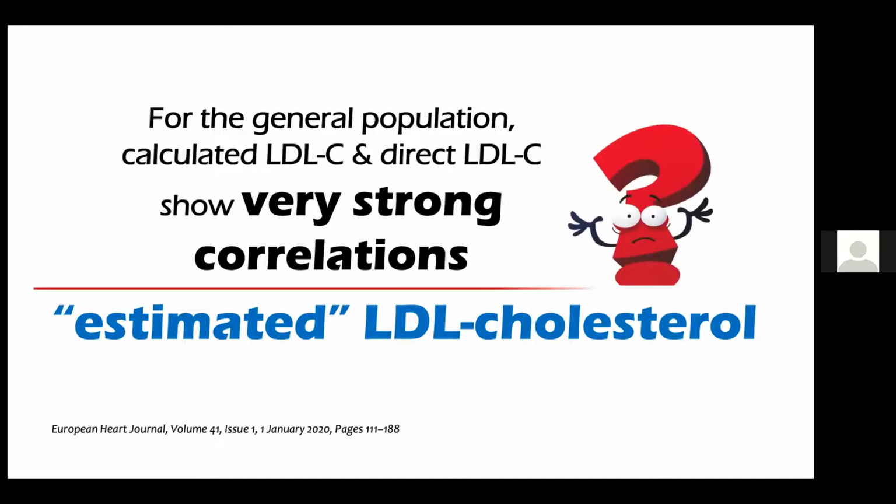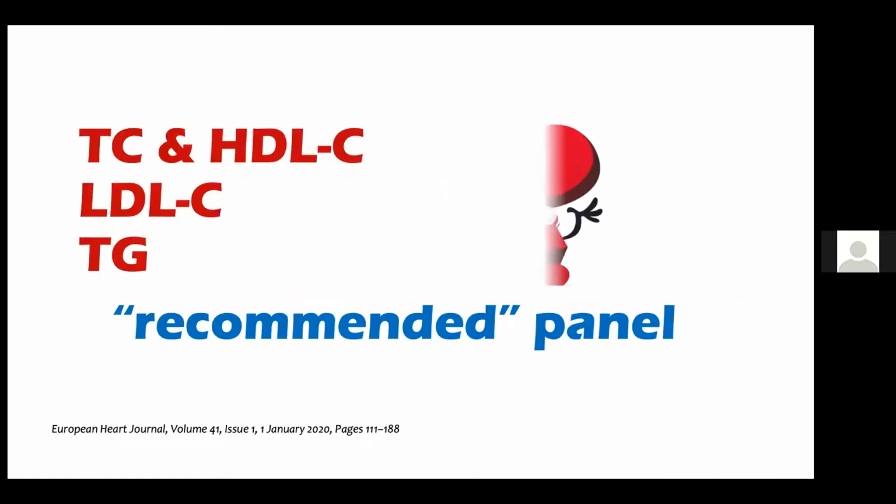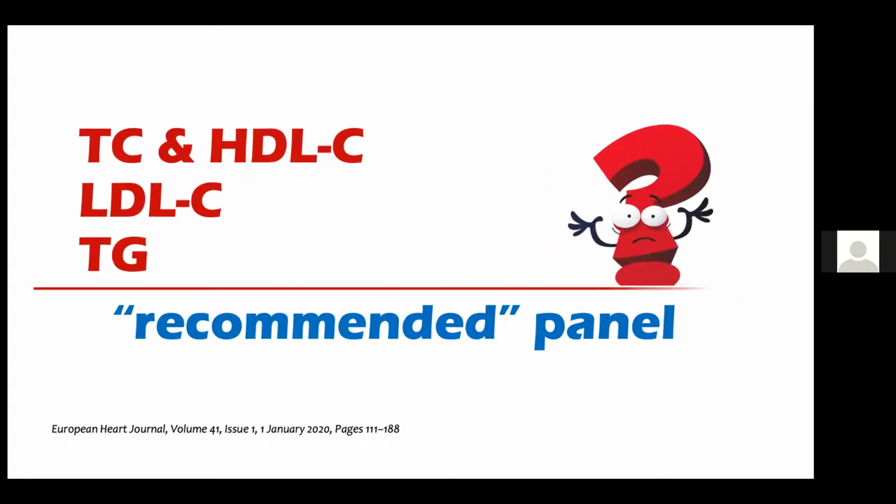So should we be worried that maybe the measured is better than the calculated or the estimated? Not at all. There is a very strong correlation. That's why the government, to save money, relies on estimating the LDL, because it's not that different from the one that is measured. So what is the panel of lipids or lipoprotein made of? It will be the total cholesterol, the HDL cholesterol, the LDL cholesterol, and the triglyceride.